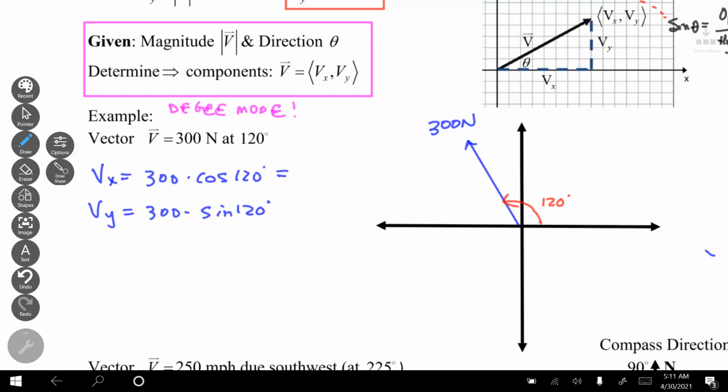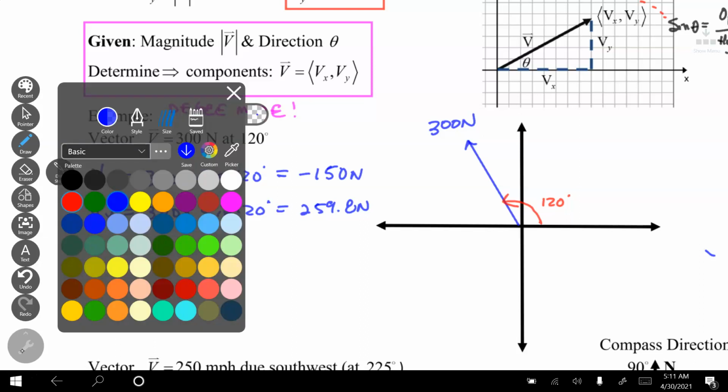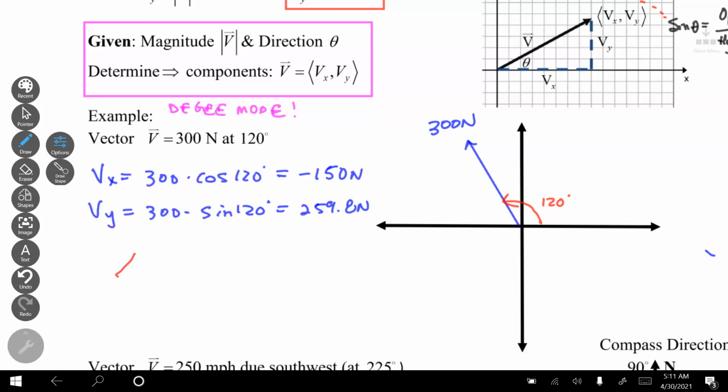I put that in my calculator, and I get these results. And if I write it in component form, I get negative 150, 259.8. Let's see, negative 150, 259.8 is in quadrant 2. And 120 degrees, that's in quadrant 2.